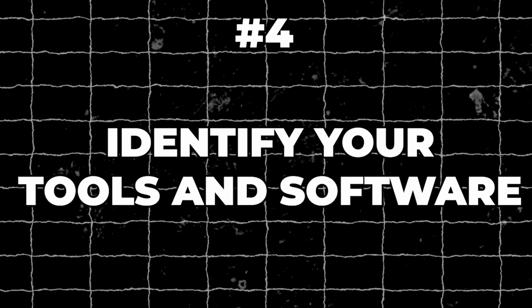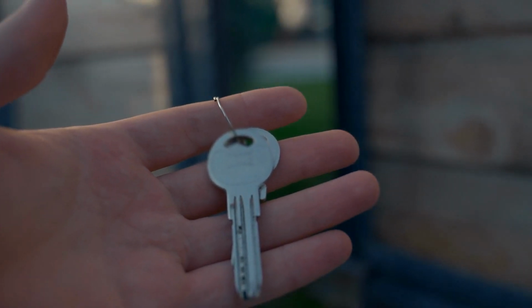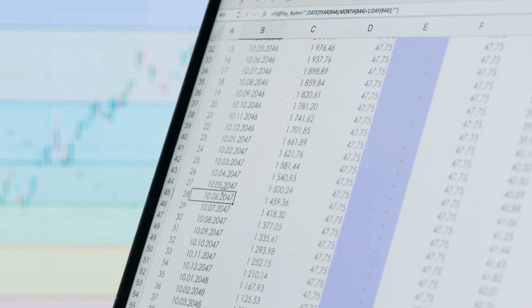Now that you have all your processes mapped out, you understand your bottleneck and you understand where you can add more value to your business, the fourth step would be to identify your tools and software. Understanding your tech stack is important, because your tech stack is going to be key to enable you to build automation. If you're doing everything through just a spreadsheet, then that's not going to be very useful to start building a lot of automations, right? So start by identifying on your processes what the key tools are that you use for each process.